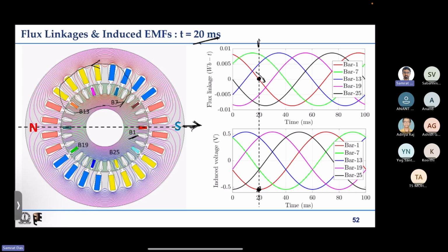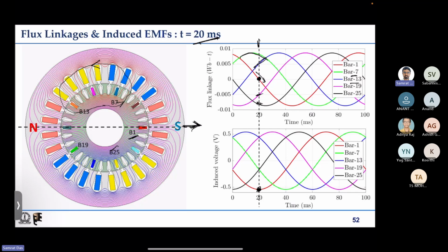The top side bars see an anti-clockwise direction of flux linkage, that is positive flux linkage. So B7 green and B13 blue have positive flux linkage at this instant, whereas the bars on the bottom side, B19 pink and B25 black, have negative flux linkage.